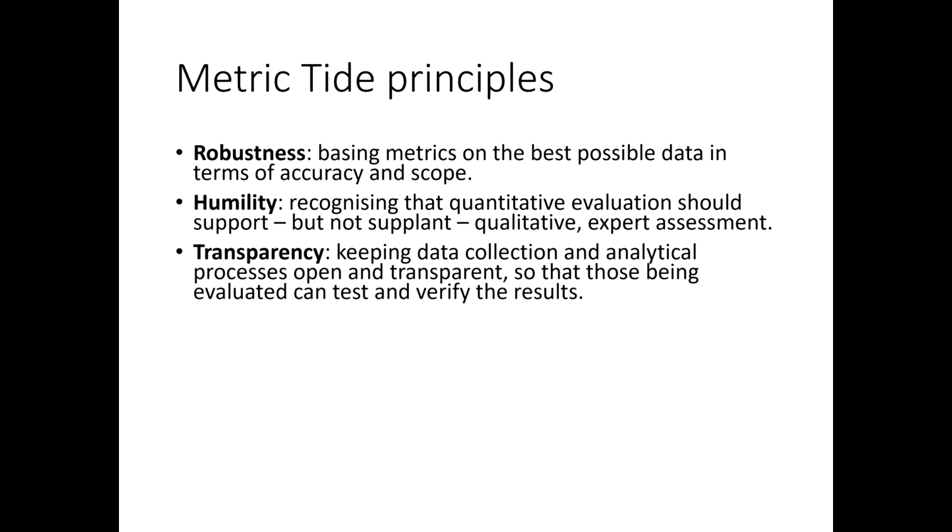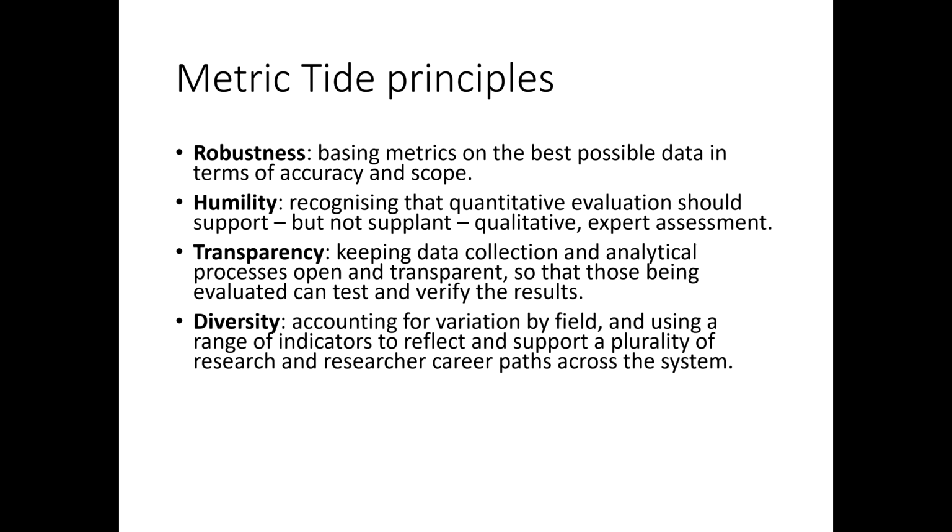Transparency, make sure that if you're using the numbers to evaluate anyone, then all aspects of the process should be as transparent as possible, from the data collection to the formulas. Diversity, accounting for all types of variation by field and using a range of indicators if appropriate to reflect a variety of different types of impact and researchers.